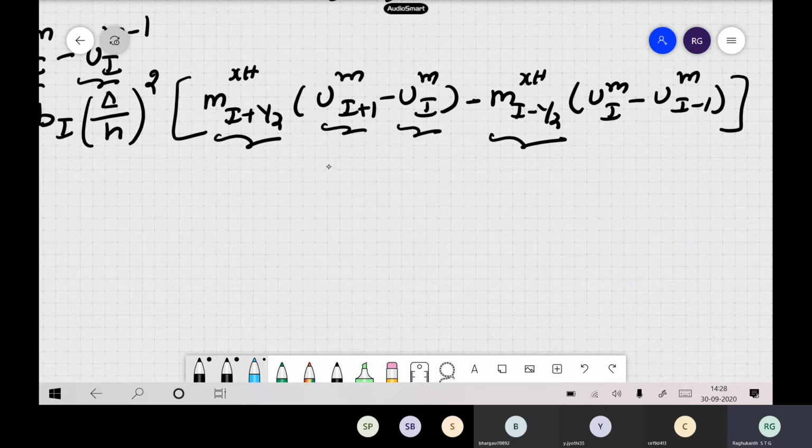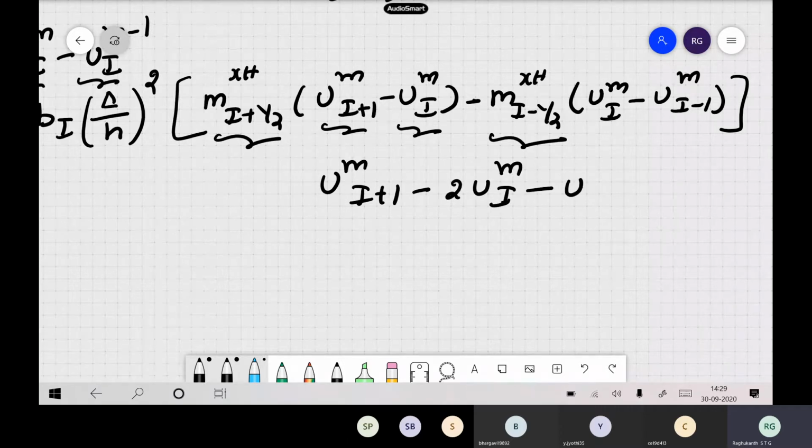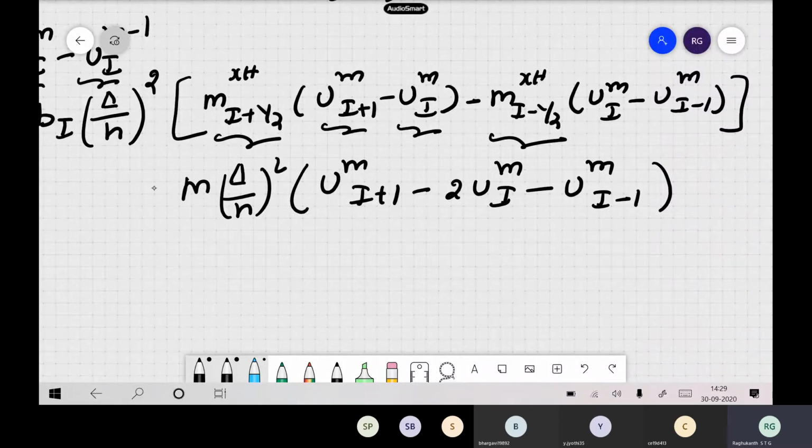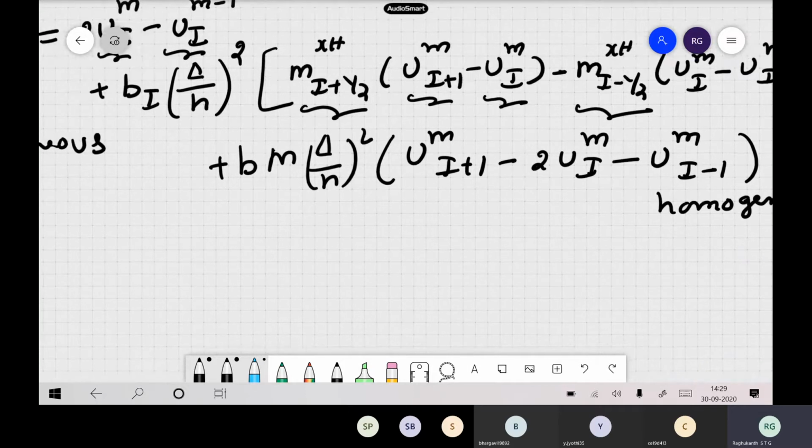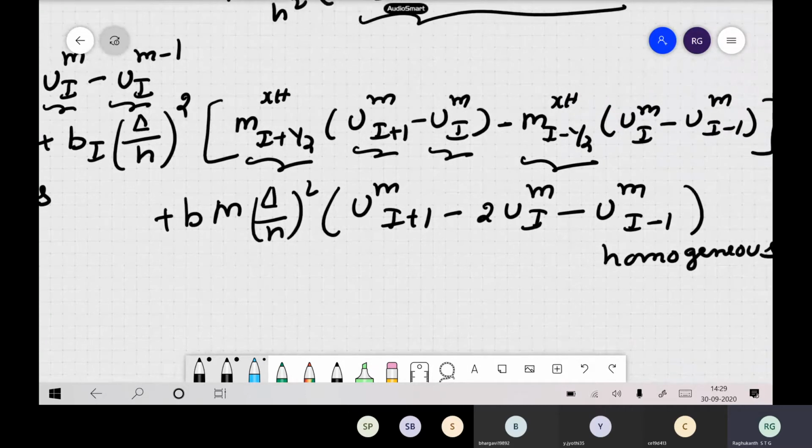So this will be replaced with this type of expression, so m i is m i minus 1 itself. So this expression will become m into delta by h whole square, and the first term is going to remain the same for a homogeneous medium. Okay, so this is the only difference between homogeneous and the heterogeneous media, you followed, right. So the only thing is you will have harmonic averages actually.